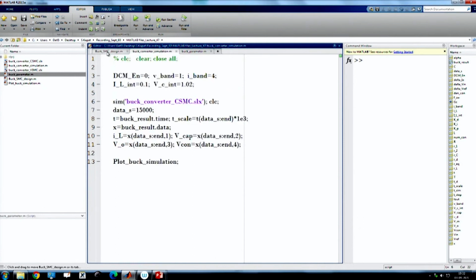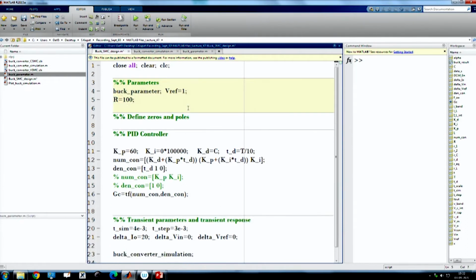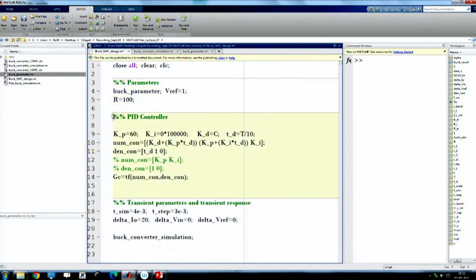And here this alpha is not required. So, you can remove this path, only load resistance should be sufficient. We do not consider ramp, so it is not required. So, poles and zeros are also not required. Now, though I am showing a controller, it should be a proportional controller rather than PID. So, this Kp I am choosing 60.